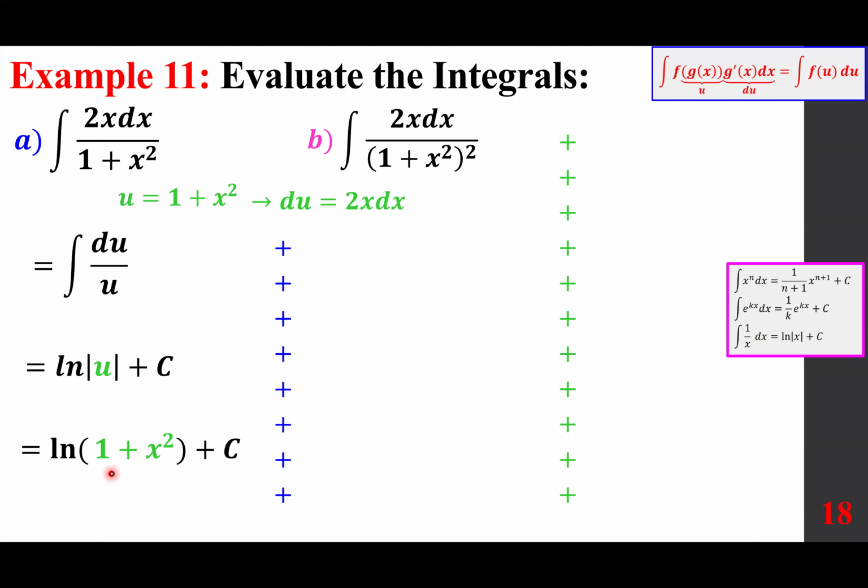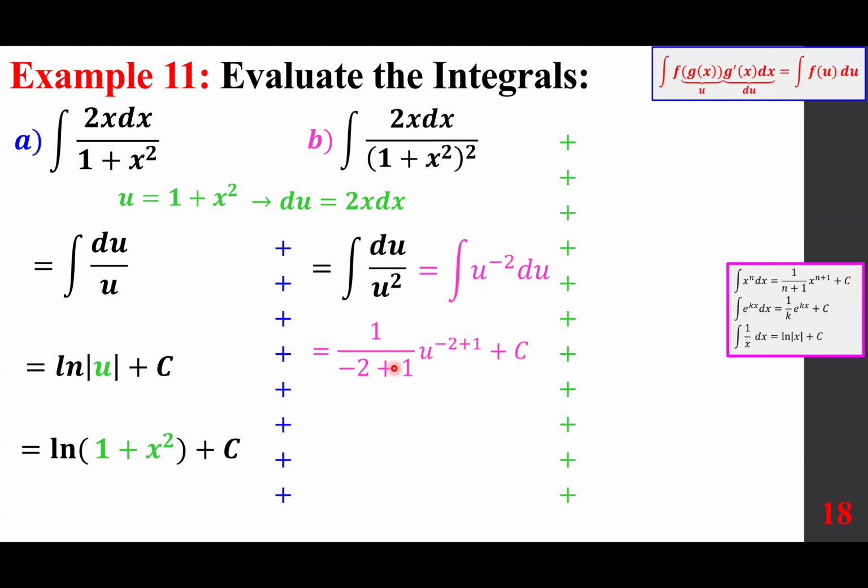What happens here? You use exactly the same u and du, and now you have du over u squared. Again, the repeat of something we've seen many times. We know how to integrate this using the power rule by bringing u up, making it u to the power of -2, which is definitely now using the power rule. 1 over -2 plus 1 u to the power of -2 plus 1 and a constant.